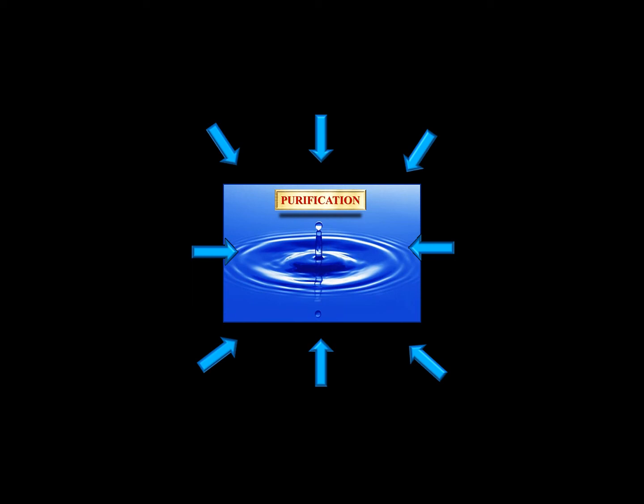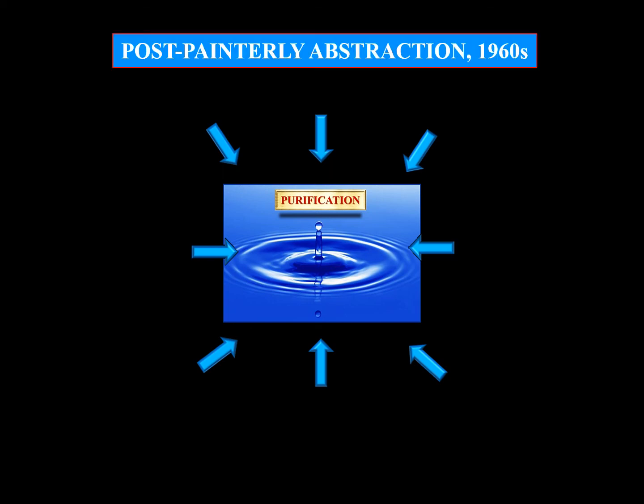Now it is all about the purification of color on a flat surface. There is absolutely no spiritual, emotional, psychological content to this post-painterly abstraction. It's only a work of art and nothing more, nothing outside of the picture frame.